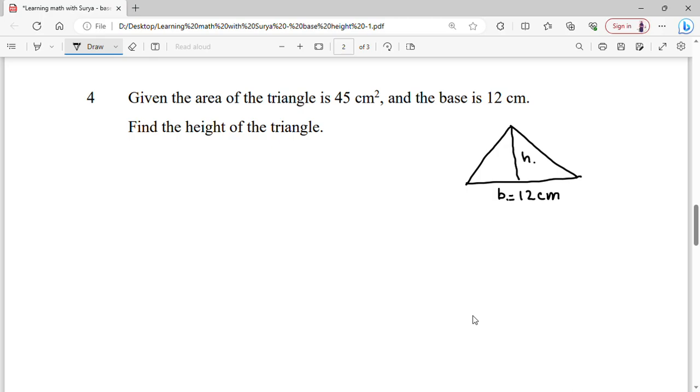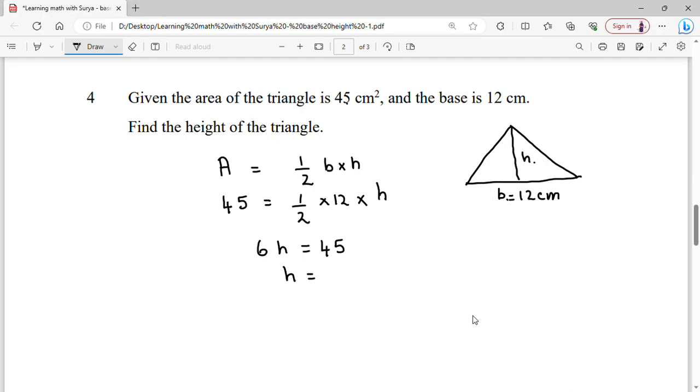So here comes a very important point which I was highlighting. I was telling, write down the formula completely. So area is equal to half base times height. Now if you identify area is 45, so let's substitute 45 here, is equal to half. My base is 12, so I substitute 12, and my height I don't know, so I'm going to write it as h. So I have to just solve this simple equation, which is 6h is equal to 45.